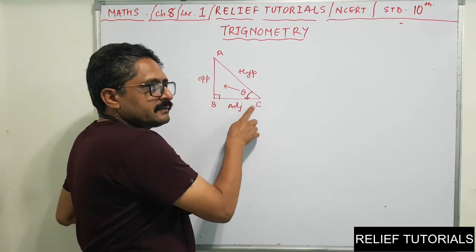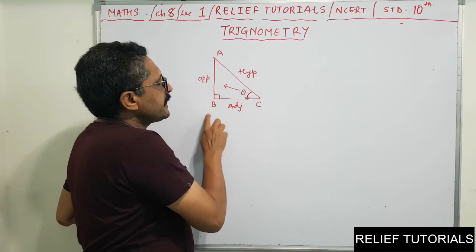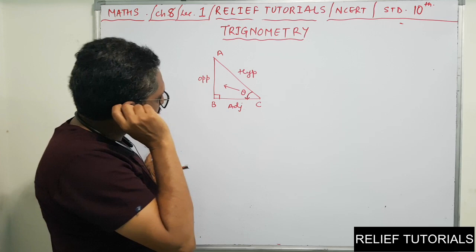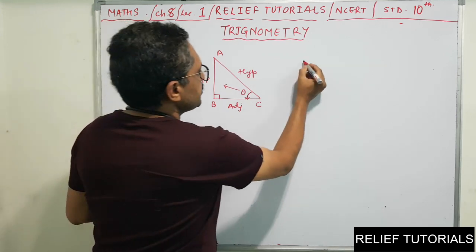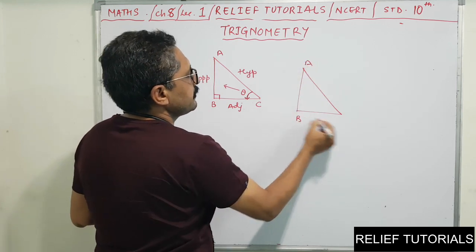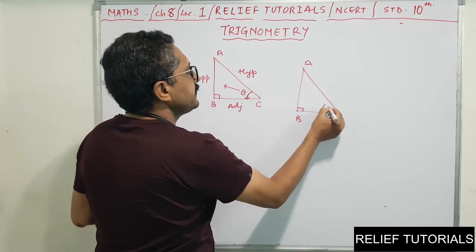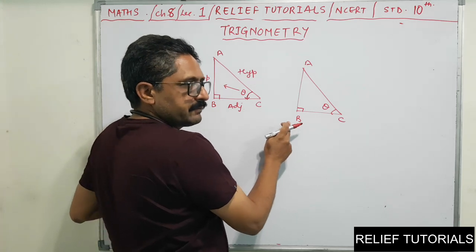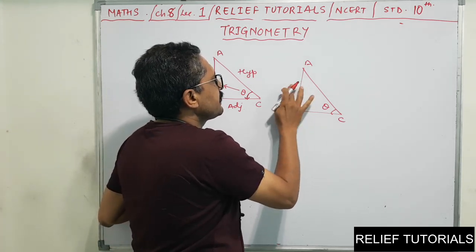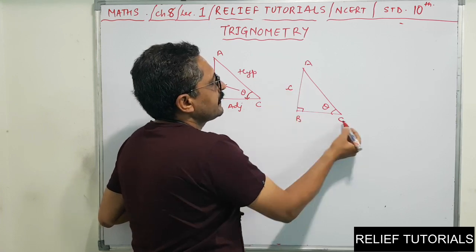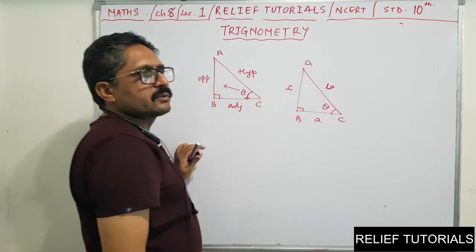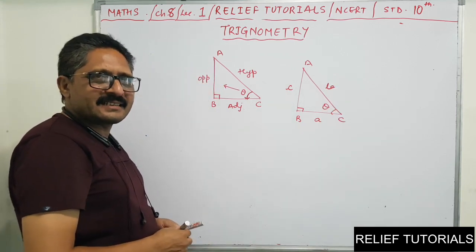So if C is angle theta, then AB is the opposite side, BC is the adjacent side, and AC is the hypotenuse. ABC, B 90 degree, C theta, and the measure of side AB we take as, for example, C, and this BC is considered as A, and this is considered as B. So these are the measures of the sides.